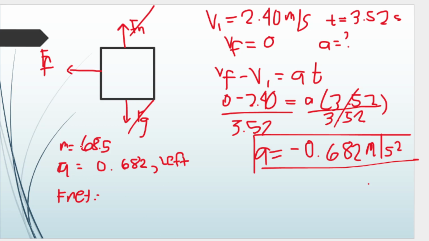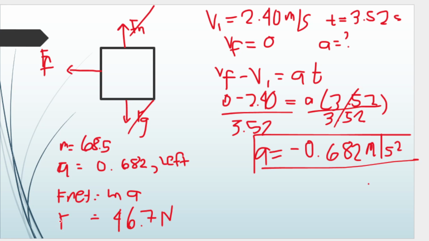Okay, now for the F net, it is for getting the F net, so that will be mass times acceleration. So your mass is 68.5 multiplied by negative 0.682. So that will be negative 46.7 Newton.